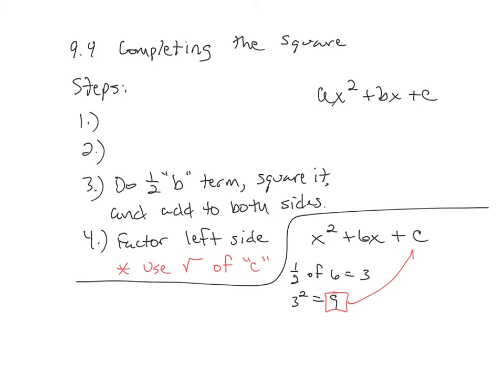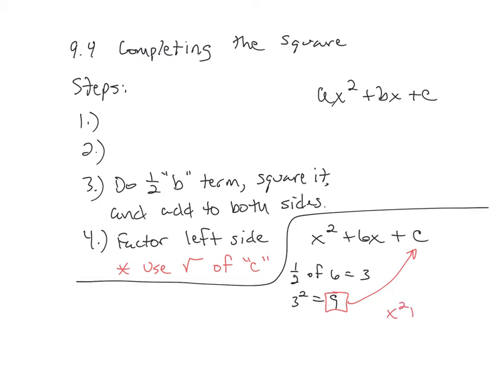Okay, but 9 is going to go where the C is in our problem when we do the whole steps. But this is one of the key steps to the whole problem, figuring out what goes where the C is to make this a good problem to work with.